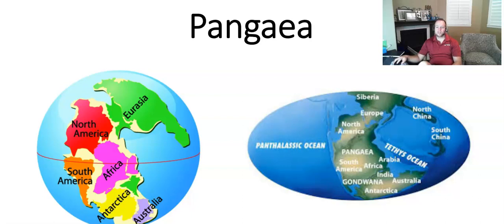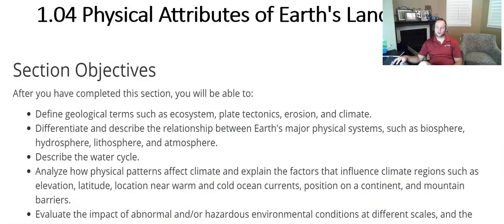But at one point in time, we had a place called Pangaea or Pangaea. It's pronounced a couple different ways. But basically, all of the continents were in one. And with that continental drift and shift, it's kind of changed around and made into the continents we know as of today.